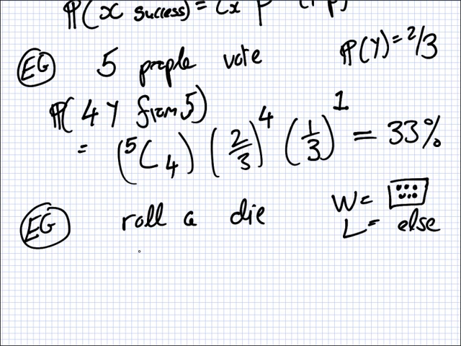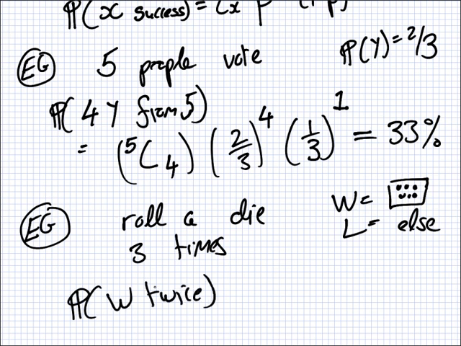And you roll a die 3 times. My question is, what's the probability that you win twice? And again, it's binomial. You don't care if you win, lose, or lose, win. It doesn't matter. You just want to know that you win twice. I'll give you a minute with the calculator. Can you calculate this?